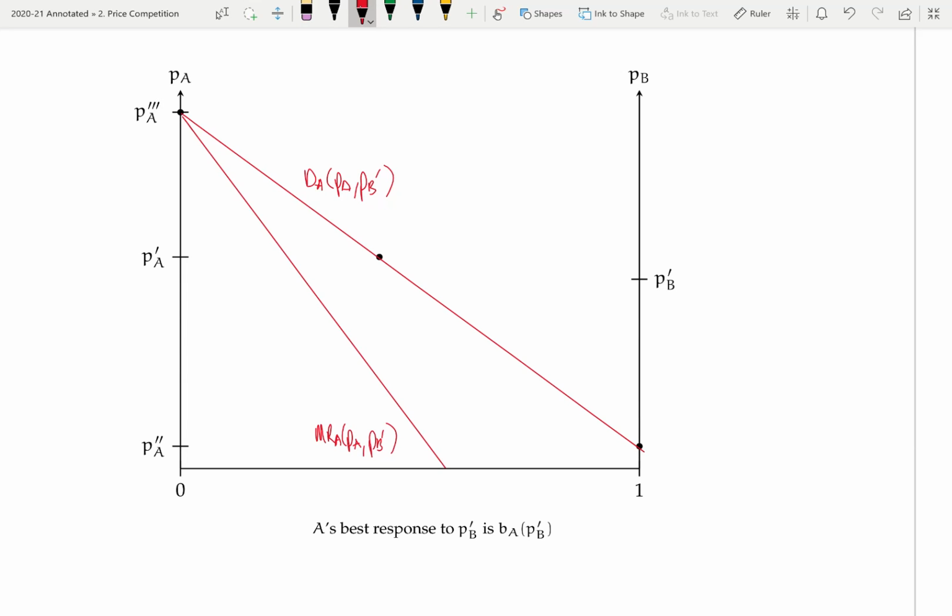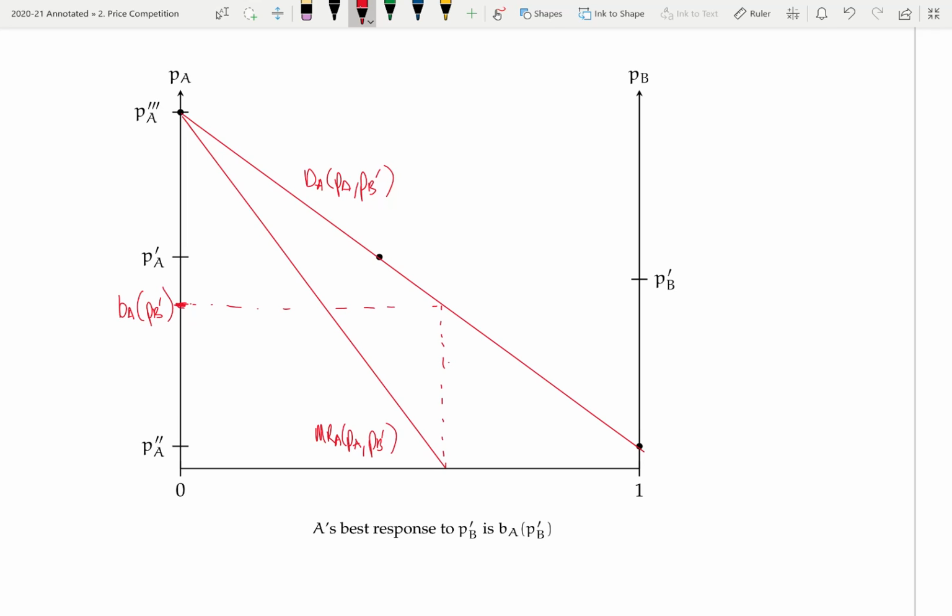The marginal cost here we assumed was 0, so we're looking for the intersection between the marginal revenue curve of firm A and the horizontal axis. So the optimal quantity is here, the optimal price we find off the demand curve is over here. So the best response of A to B's price is this price here.